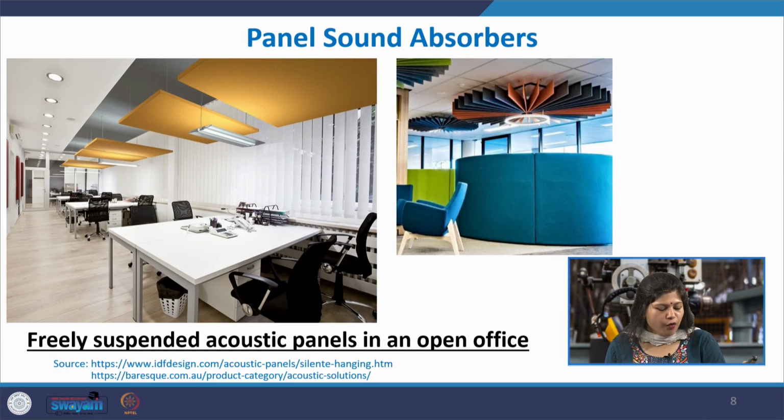Here you can see an office space or open office cubicle, and these hanging panels, this is the wire. I do not know if it is visible or not, but these wires are there and the panels are held along their corners through these wires. So, why are they there?